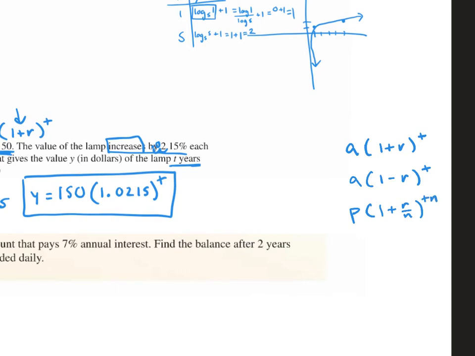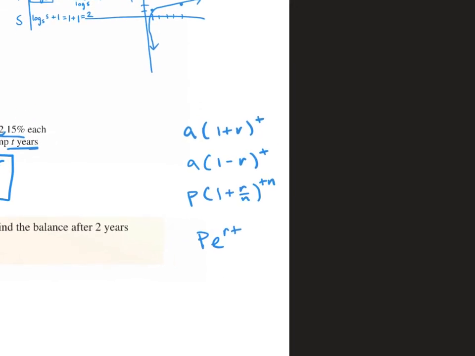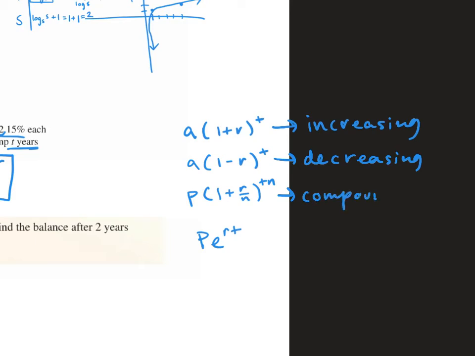And then we have our compounded continuously, which is our PERT formula, P times e to the power of rt. So we use this one when it's increasing. We use this one when it's decreasing. We use this one when it is compounded. And then this one when it is compounded continuously.